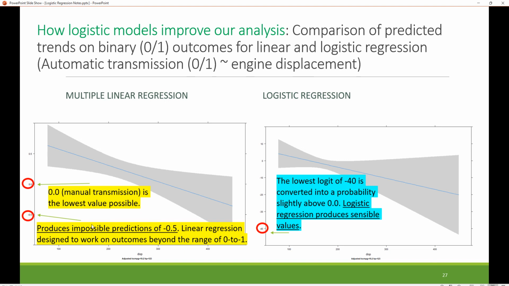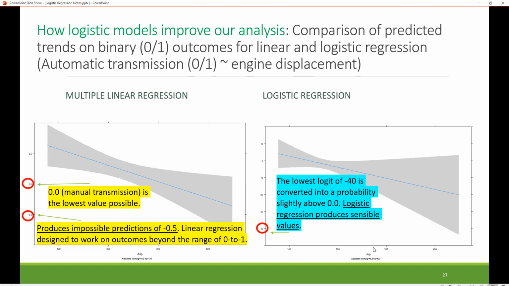So multiple linear regression produces impossible predictions of negative 0.5. Linear regression is designed to work on outcomes beyond the range of 0 to 1. There's an infinite number of values in the outcome that a multiple linear regression can use, but it can't stay within 0 and 1.